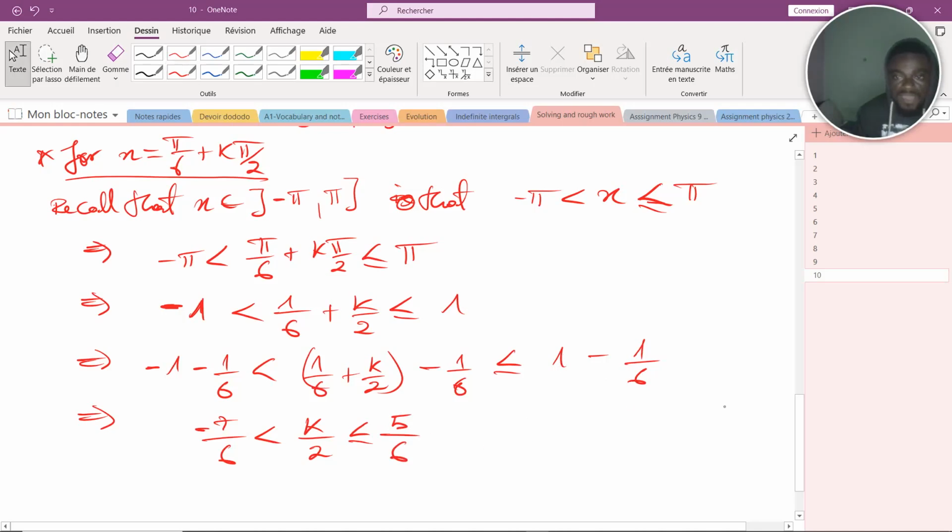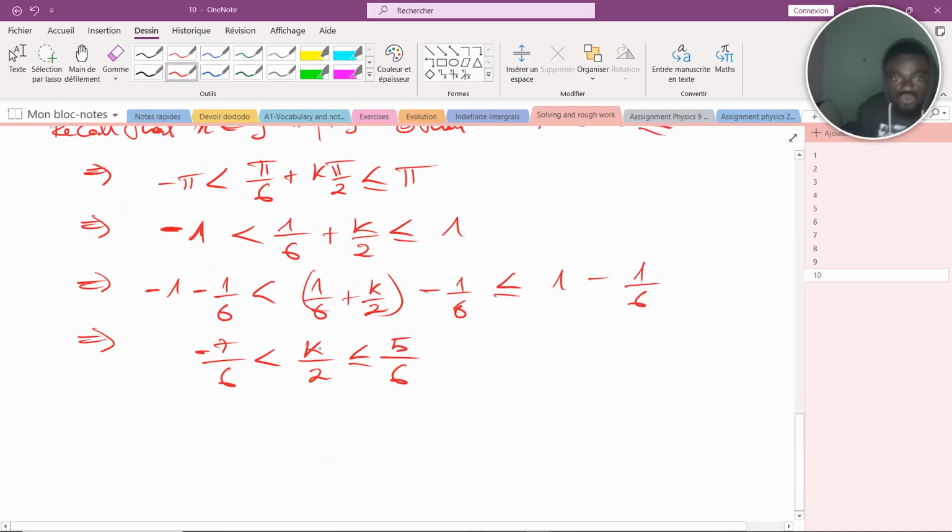Now, what are we supposed to do to have k just here? I'll multiply all through by 2. When I multiply all through by 2, it will not change the inequality sign because 2 is a positive number. So I'll have -7 on 6 times 2 less than k on 2 times 2, less than or equal to 5 on 6 times 2.